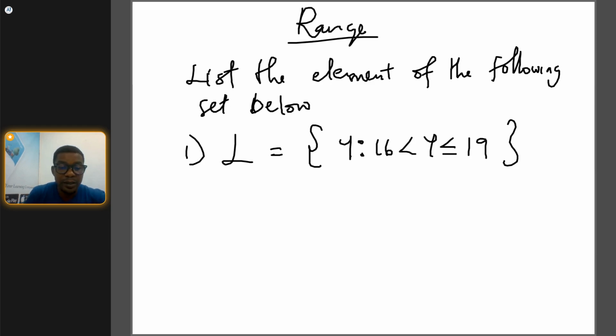And if you look at this question, we have what we call the inequality sign. So you also have to relate to your knowledge of inequality to get this done.